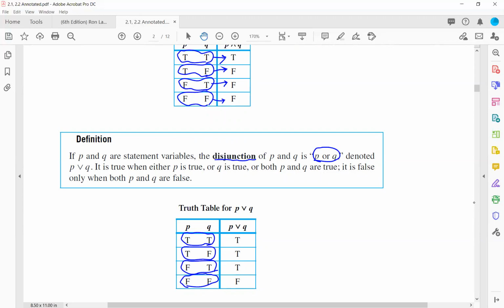The way that we define disjunction is that the outcome is always true. It's false if and only if both of the statements are false. So true, true gives you true. True, false, true. False, true, true. False, false is going to be false.